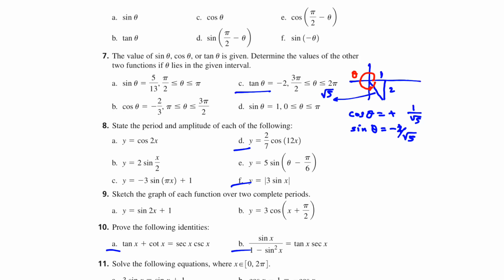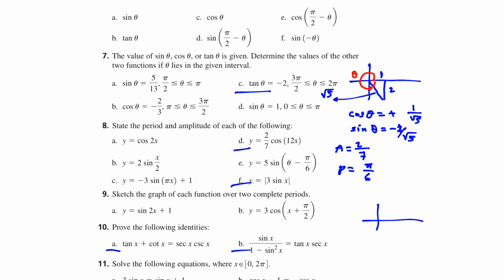Question number 8, state the period and amplitude of each function. Part D, y equals 2 over 7 cosine of 12x. Amplitude is 2 over 7 and period is 2 pi over 12, which is pi over 6. Part F, y equals absolute value of 3 sine of x.